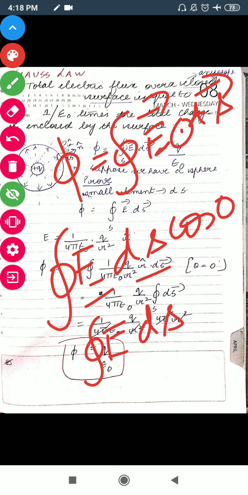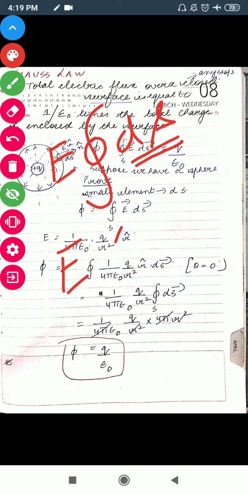Now we know that E here is a constant quantity, so it comes out of the integration. So the integration is left only with ds. Now we continue with that. E comes out of the integral sign and we have ds. Now if we integrate over the whole surface, this whole surface is a sphere. So we are going to get E into 4 pi r square. And you know the formula of E.